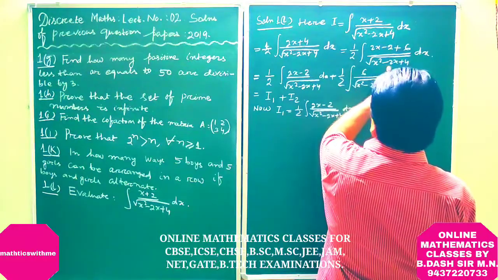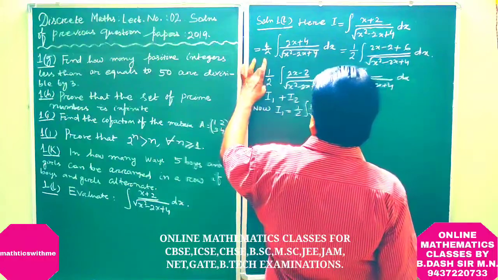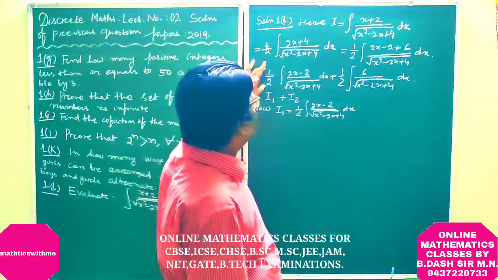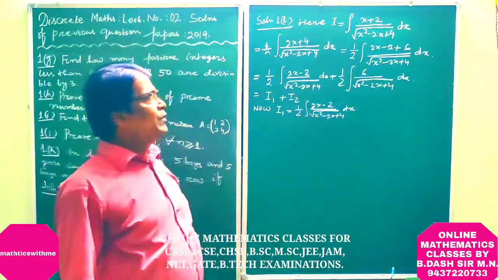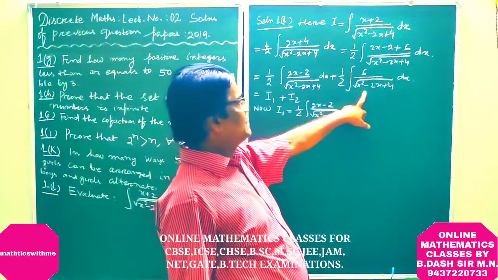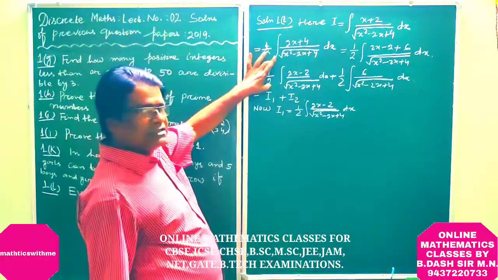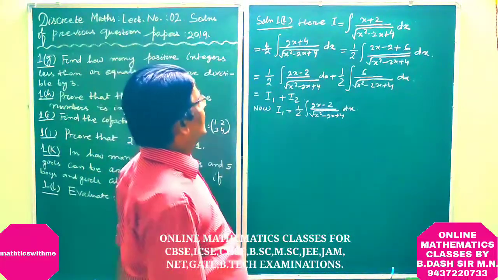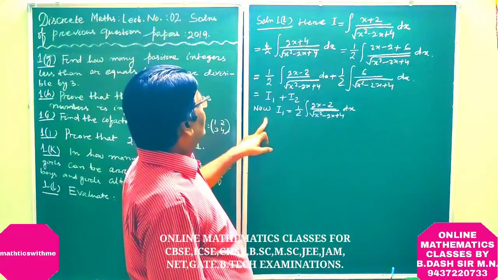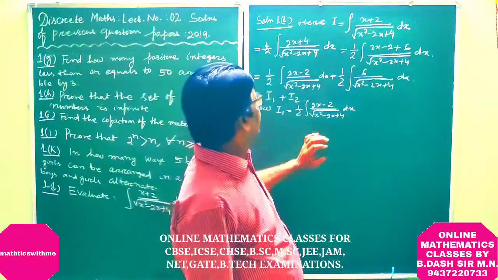Then with a slight adjustment, we are getting 1 by 2, integral of 2x minus 2 over root of x square minus 2x plus 4 dx, plus 1 by 2, integral of 6 over root of x square minus 2x plus 3 dx. So let us take this as the first integral and that as the second integral.